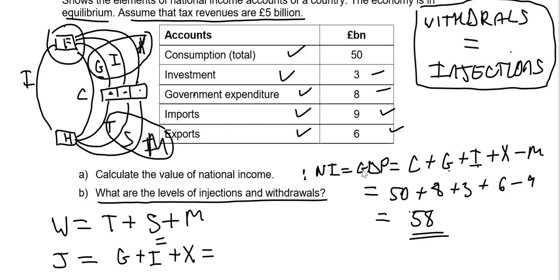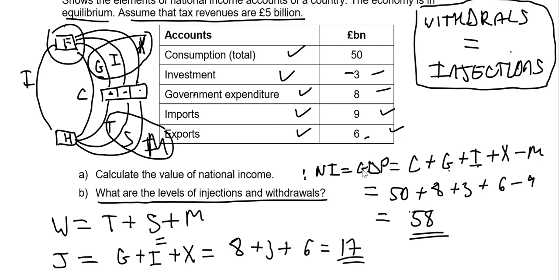When we export, we receive money from outside into our economy. Now we have G, which is 8, plus investment 3, plus exports, which is 6. The sum of this is basically 17.